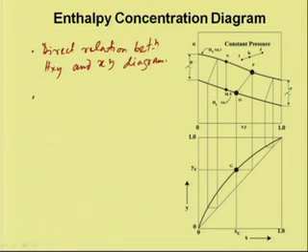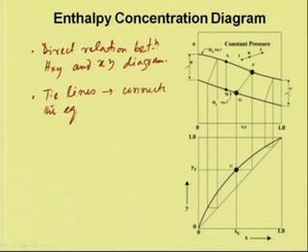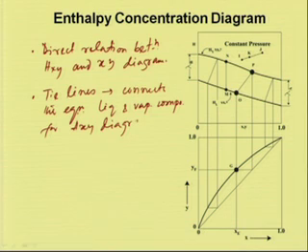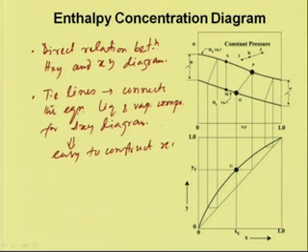Now, if we have tie lines which connect the equilibrium liquid and vapor compositions for the HXY diagram, then it will be easy to construct the XY diagram.